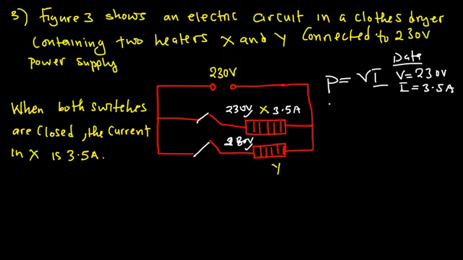Calculating power, and by the way, power is measured in watts, we're simply going to multiply the voltage 230 by 3.5. If you multiply this, you should find 805 watts. That is the power. That is how you earn the 2 marks there. And that's how simple it is.